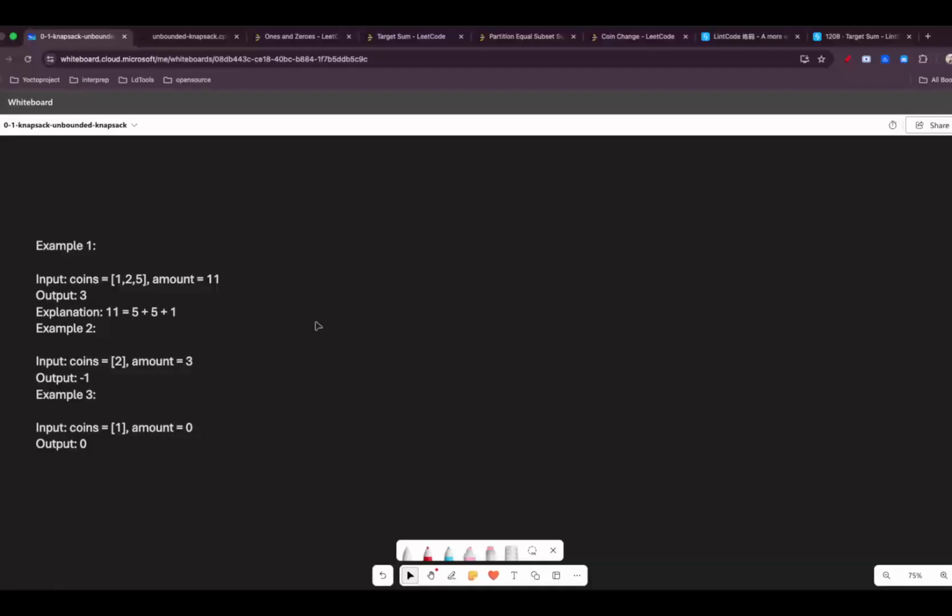Also we can choose any coin any number of times. But even so, if you choose in that greedy manner, it could be possible that we are missing out on some minimum possibility to reach that knapsack amount.